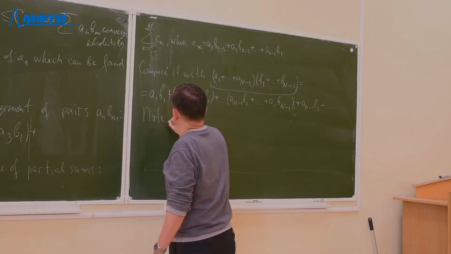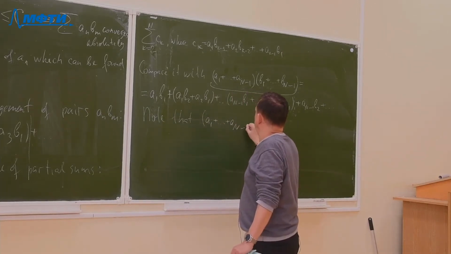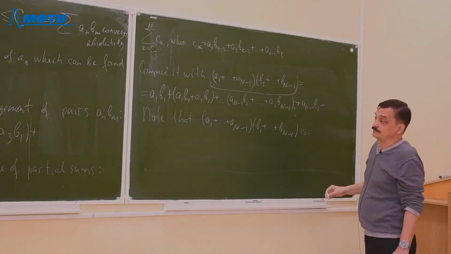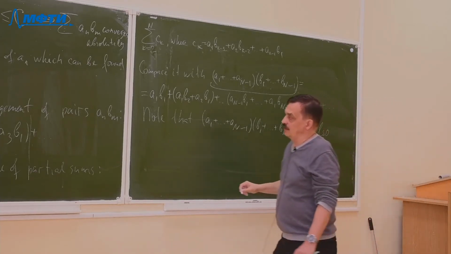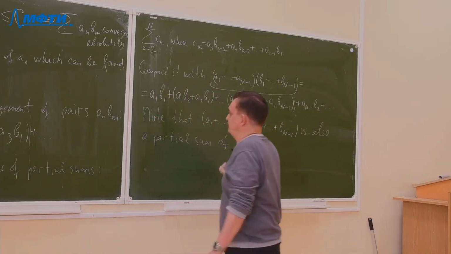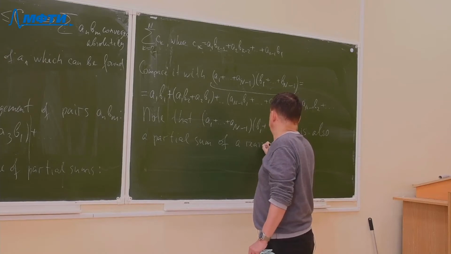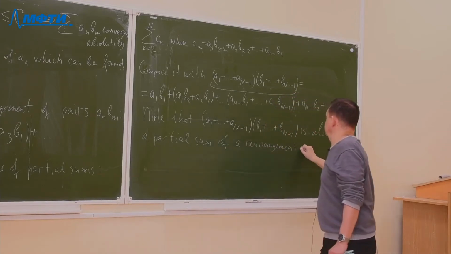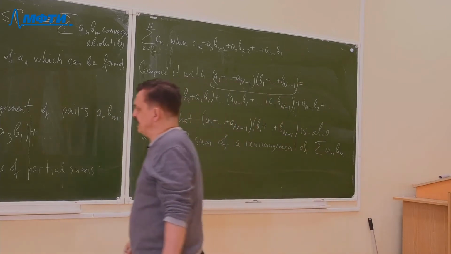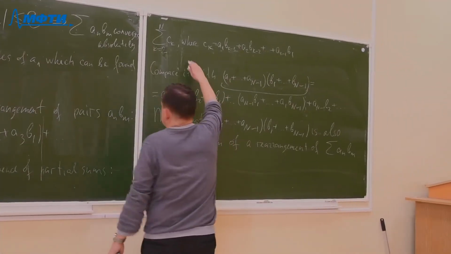note that (A1 plus so on plus A(N-1)) times (B1 plus so on plus B(N-1)) is also a partial sum of a rearrangement of A and B. So you see, this special rearrangement, I'll use it later in fact, but it is not very suitable for our purpose.